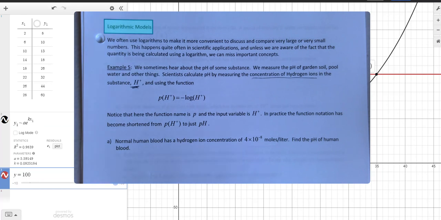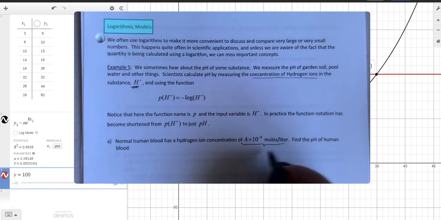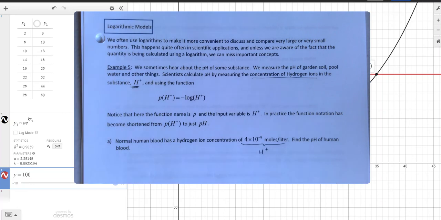All right, so let's see. Normal human blood has a hydrogen ion concentration of 4 times 10 to the negative 8th moles per liter. So notice that we just were given H+ here. Find the pH of human blood.